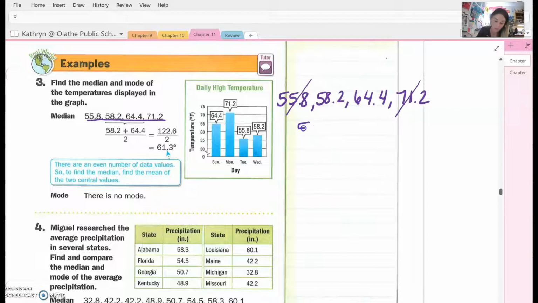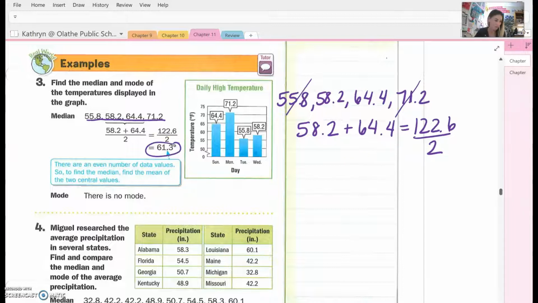So you're going to take your two middle numbers, add them together, which is going to give you 122.6, and then you divide it by 2. So basically, you are finding the mean of those two numbers because you're going to add, then divide. And when you do that, you'll see that you get 61.3.